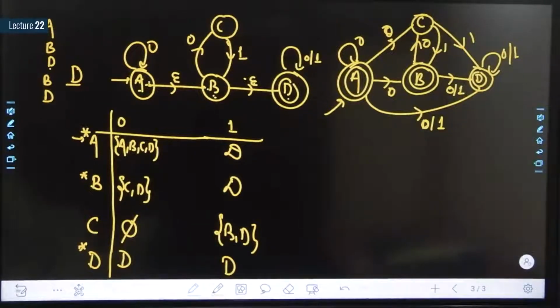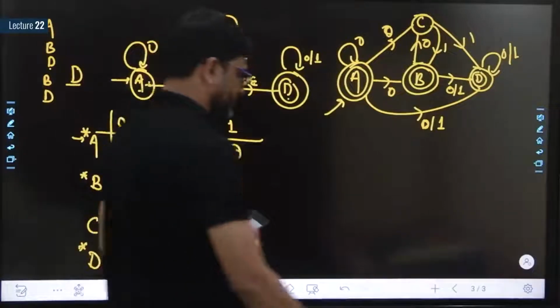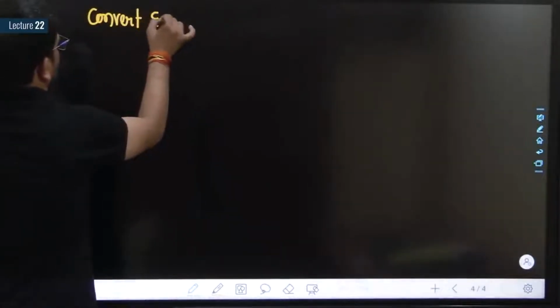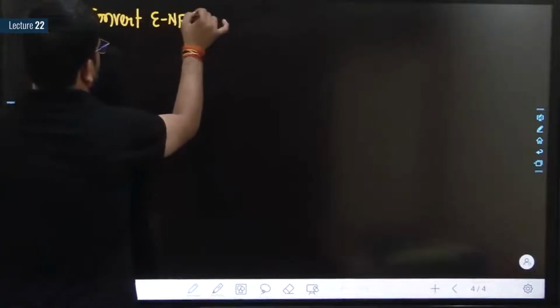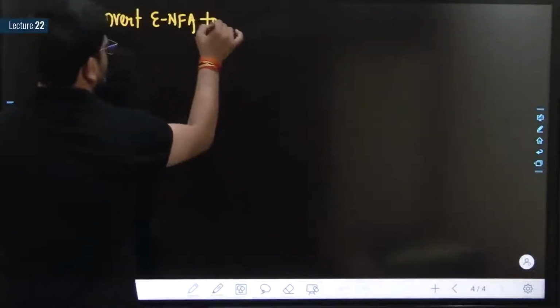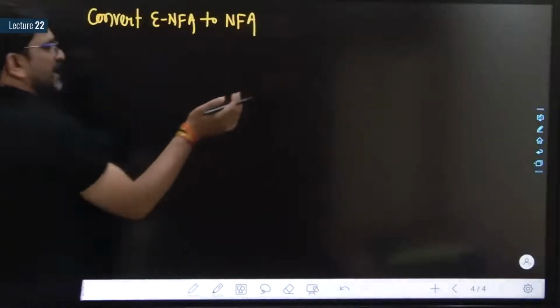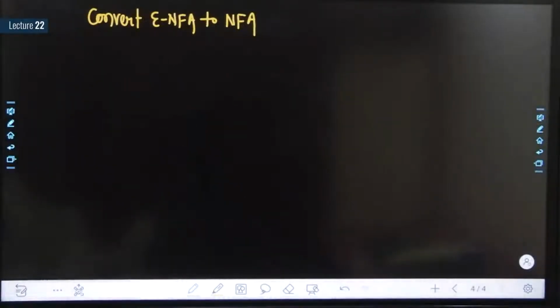See the next example and try to do this question. Convert epsilon NFA to NFA. Already we had seen conversion of NFA to DFA.